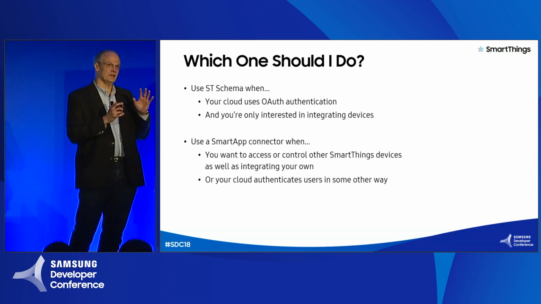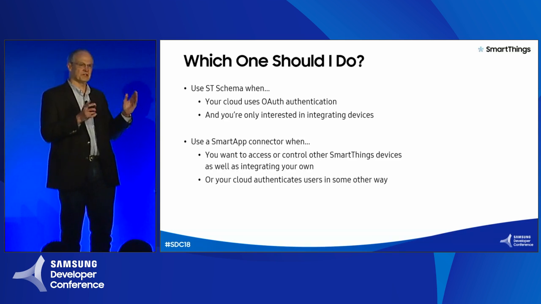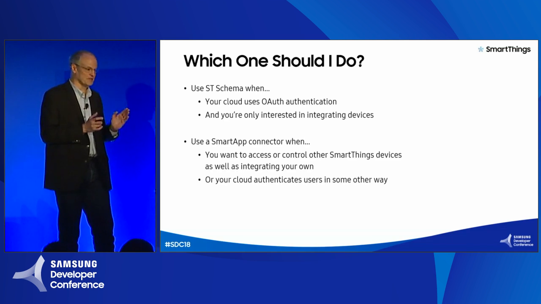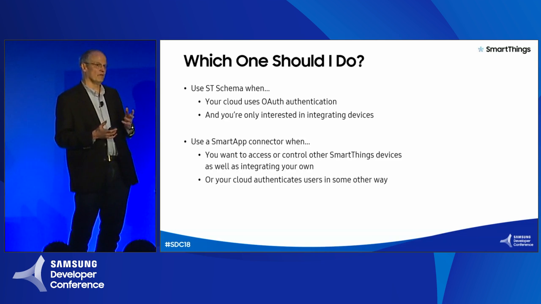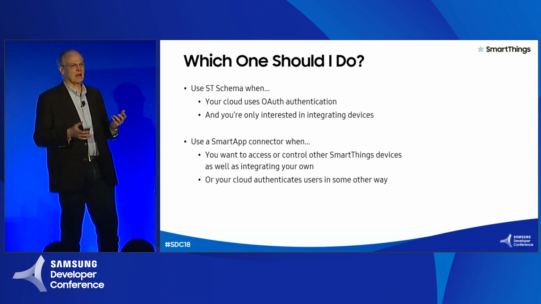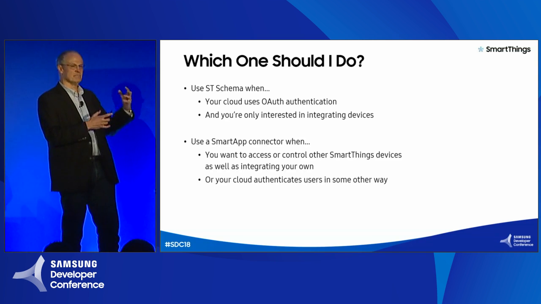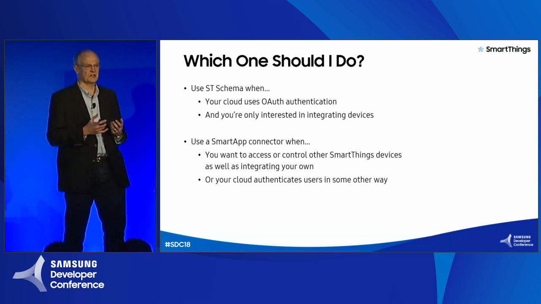If either of those things is not true, then there is still the Smart App Connector approach, which again lets you build the same end result, but gives you more options and more flexibility. So for example, you might have an application that you want to control thermostats and monitor temperatures from devices inside the house.